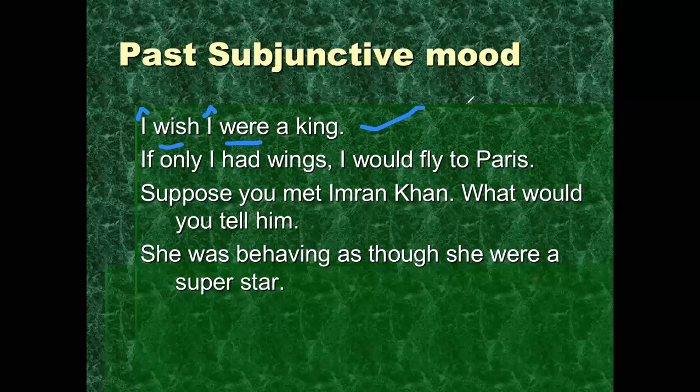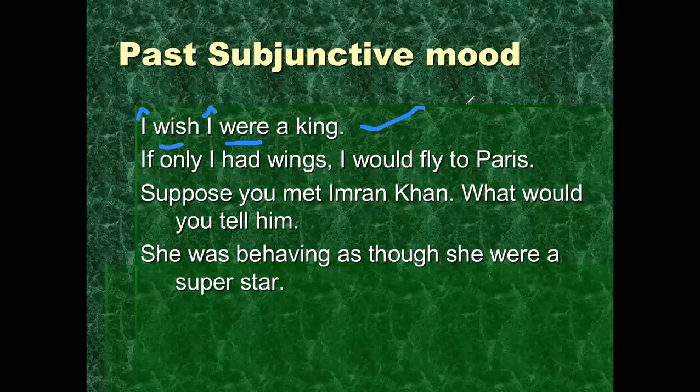So whenever you want to talk about your imagination, the things which are not possible, but you would like to suggest that if those things happen, right? You actually make use of the past subjunctive mood. So I wish I were a king suggests that the person cannot be the king.